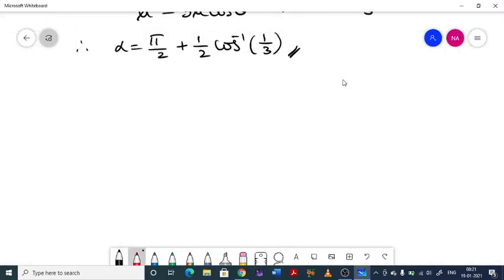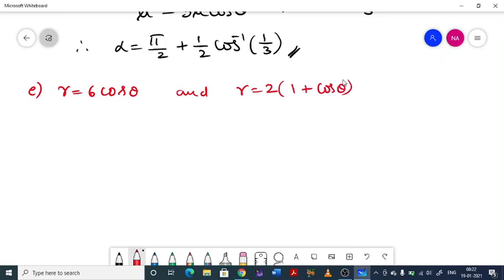So next, let us try this one. R equal to 6 cos theta, and R equal to 2 times of 1 plus cos theta.